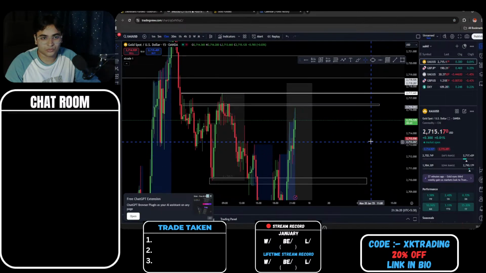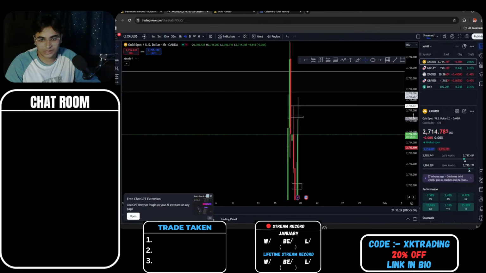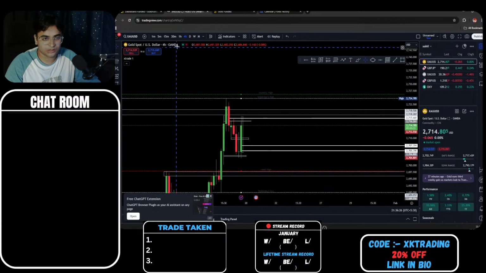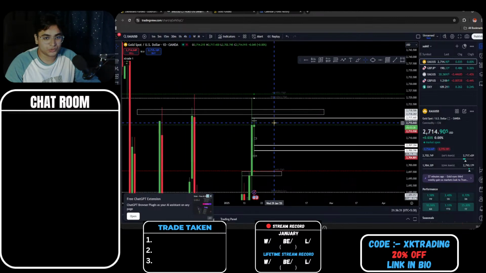Now our overall target should be... I'm just taking a high time frame look here. Daily candle flip bullish here. So if we should be moving up, then we should be tapping around again into the 2720 zone.